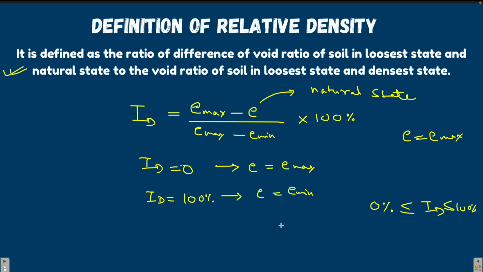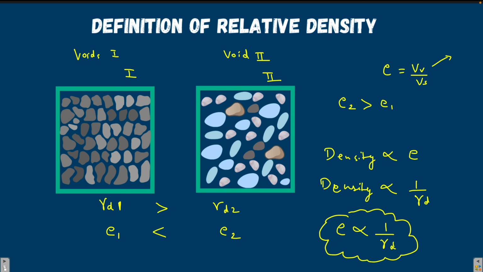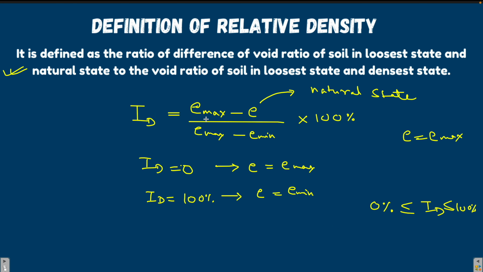Also, we have studied that void ratio is inversely proportional to dry density. That means when the void ratio is maximum, dry density will be minimum, and when the void ratio is minimum, gamma d will be maximum. Using that analogy, we can also express relative density in the form of dry density of the soil.